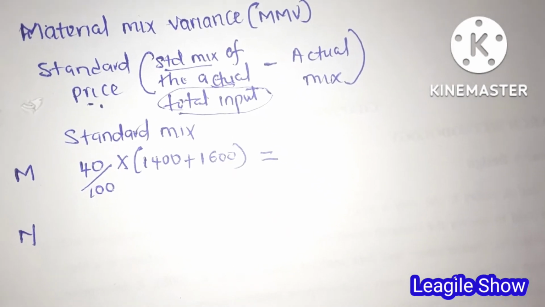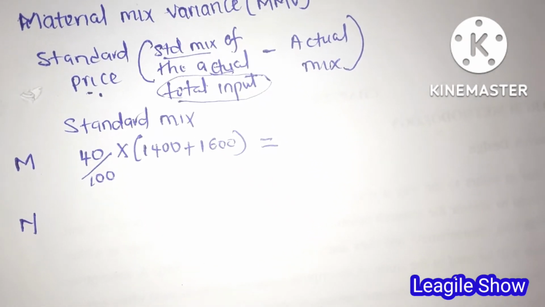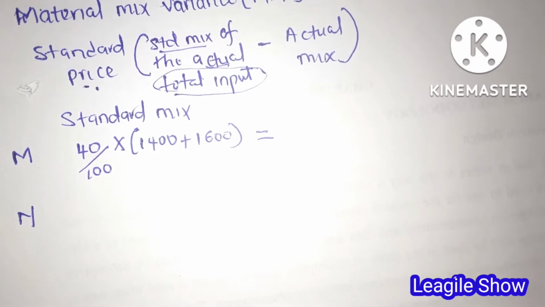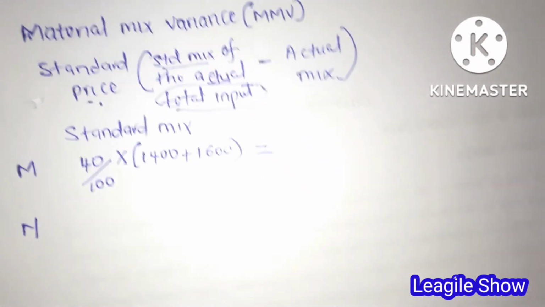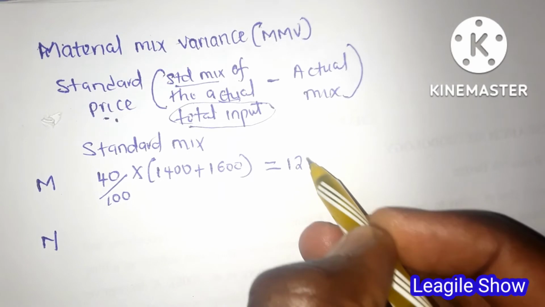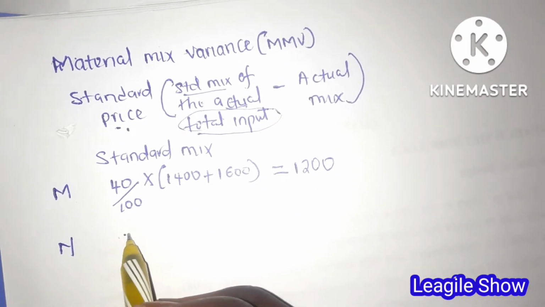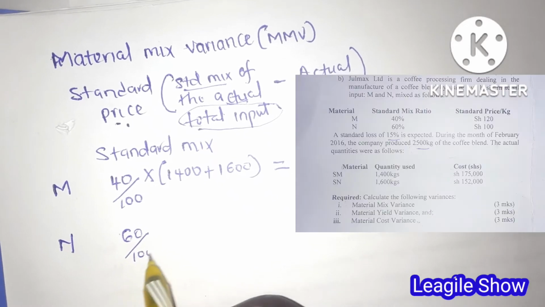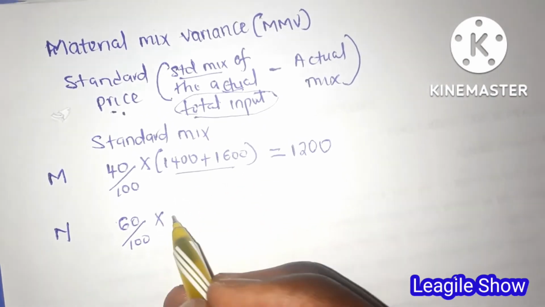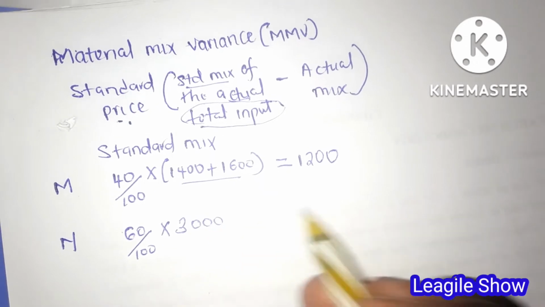You can just feed that into your calculator. What you're getting will be 1,200. What about for N? Remember the proportion was 60%, so 60 over 100 times 3,000.